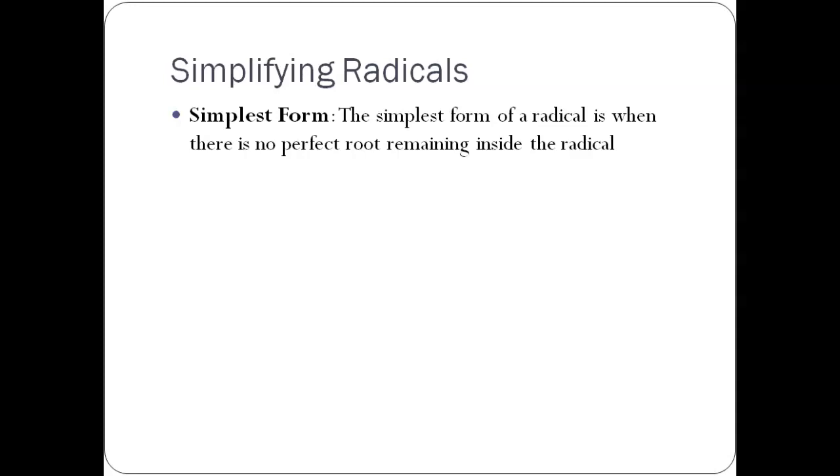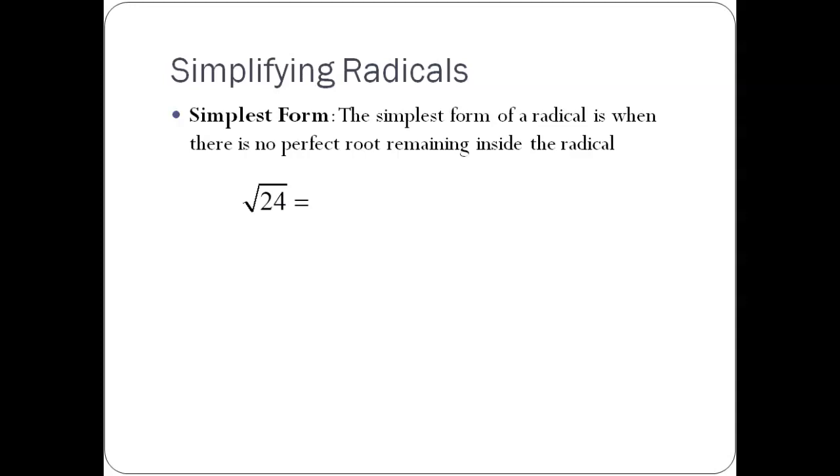So for example, if we had the square root of 24, this is not in simplest form because there is a perfect root that's still inside the radical right now. For example, 4 is a perfect square that's still inside of that radical because 4 is a factor of 24.